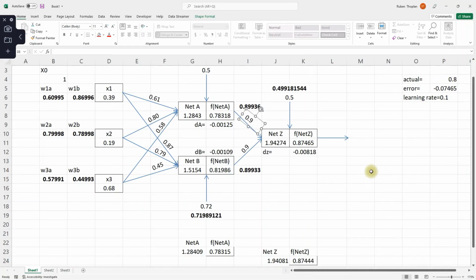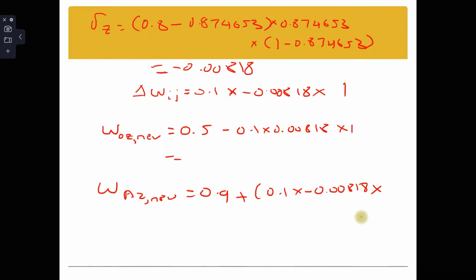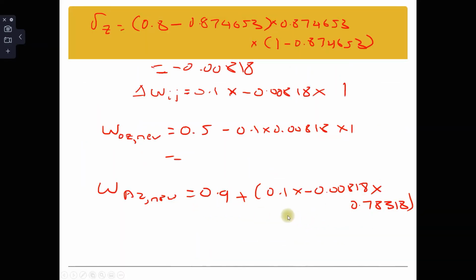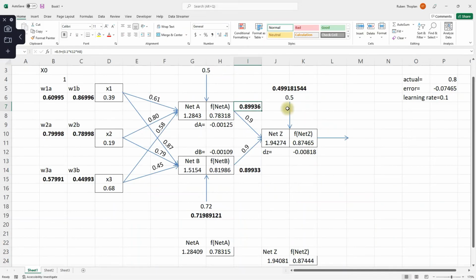And what is XAZ? XAZ is the input that we obtain from A to Z, which in other words is the output that you had at A, which is 0.78318. All right. And this is what we get then, 0.9936. So by applying this, 0.9 plus this, in other words, it becomes minus, you get the 0.8.